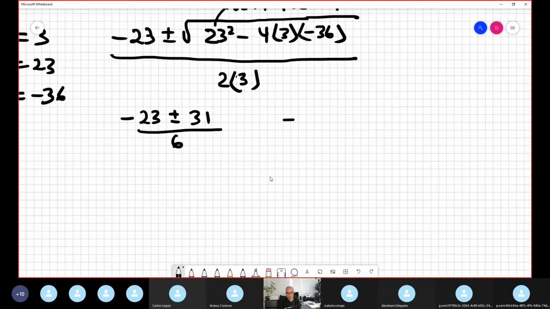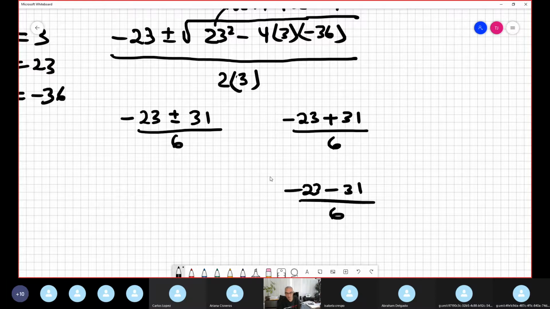Negative 23 plus 31 divided by 6, and negative 23 minus 31 divided by 6. We have two solutions. 31 minus 23 is 8. 8 divided by 6, reduced to lowest terms, is 4/3.